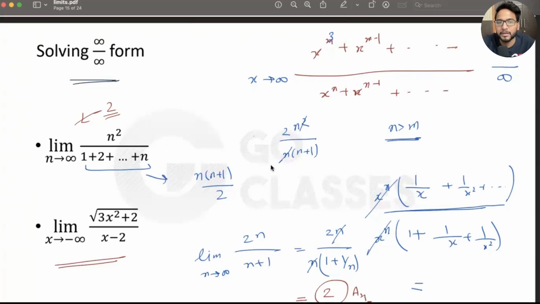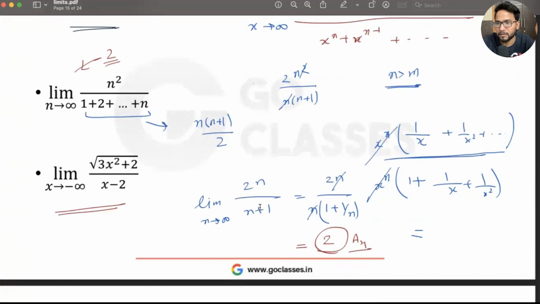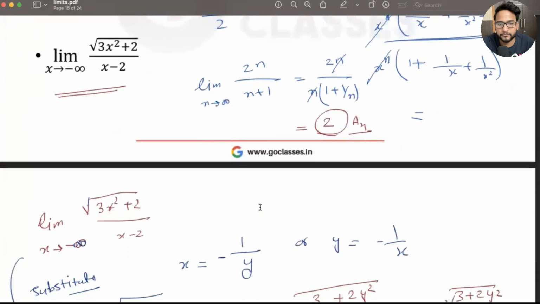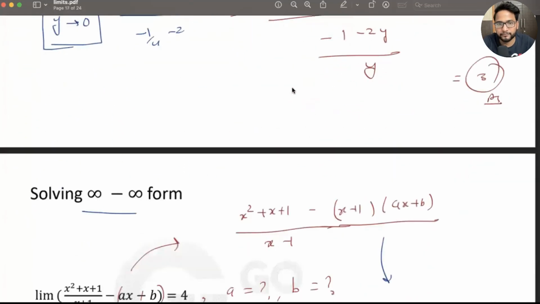So the infinity upon infinity form occurs in most cases with polynomials only. We have seen a few examples of limit n tends to infinity and how to solve them. You can take the common power, which is the highest power. Do you remember this? This is fine, right? Is this fine to everyone, that you have to take the highest power common? Similarly, here also you can take the highest power common and then solve this.